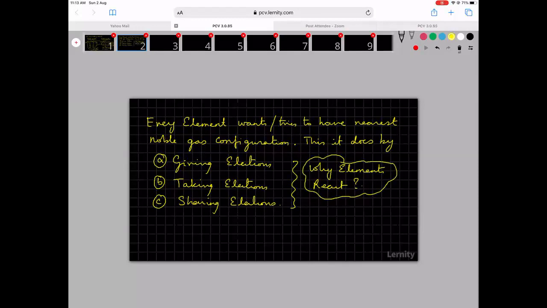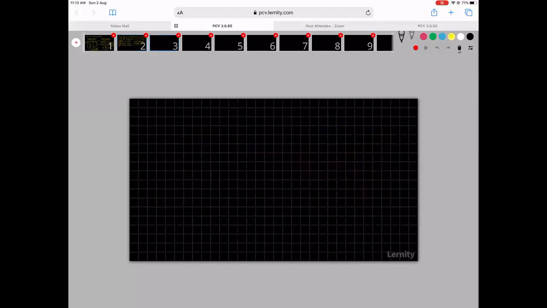So in the process of attaining nearest noble gas configuration, they either give or they take or they share, and these processes lead to the formation of a compound.